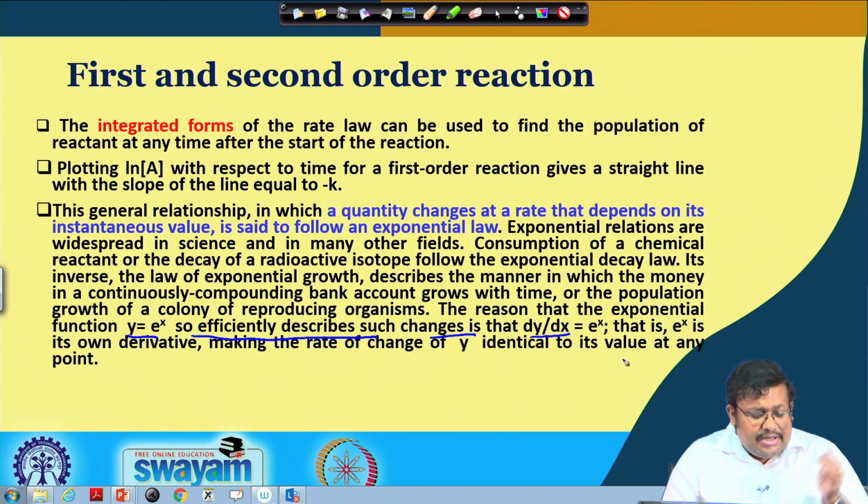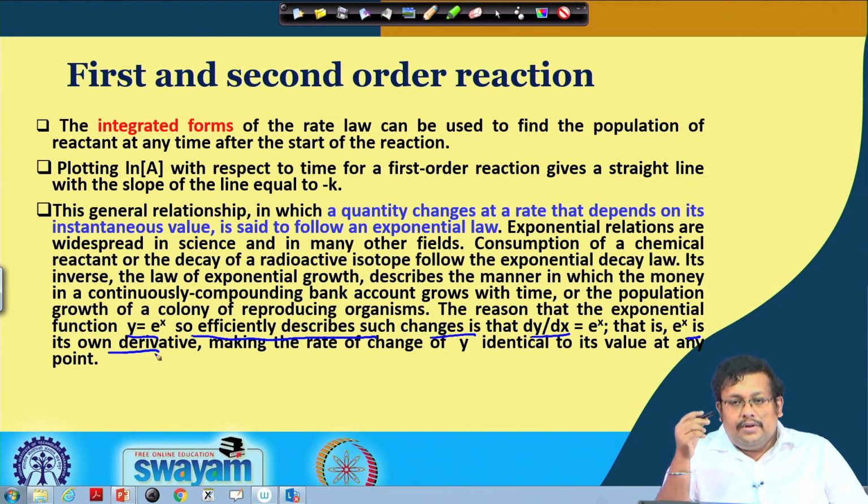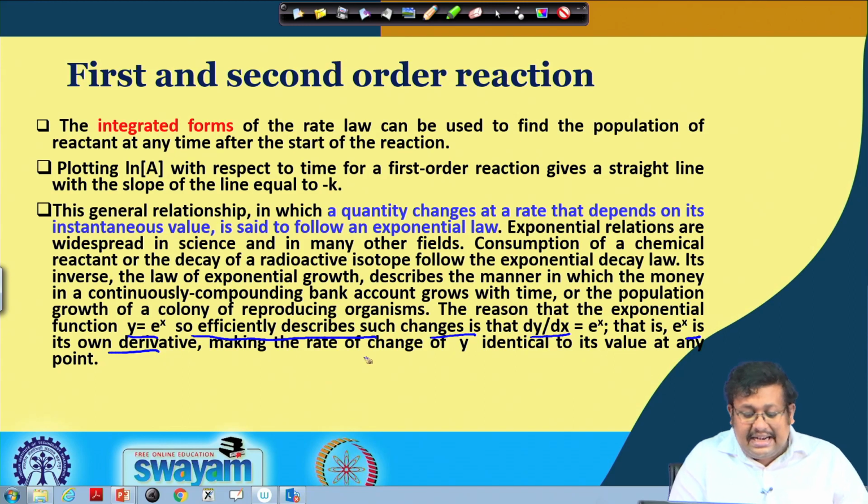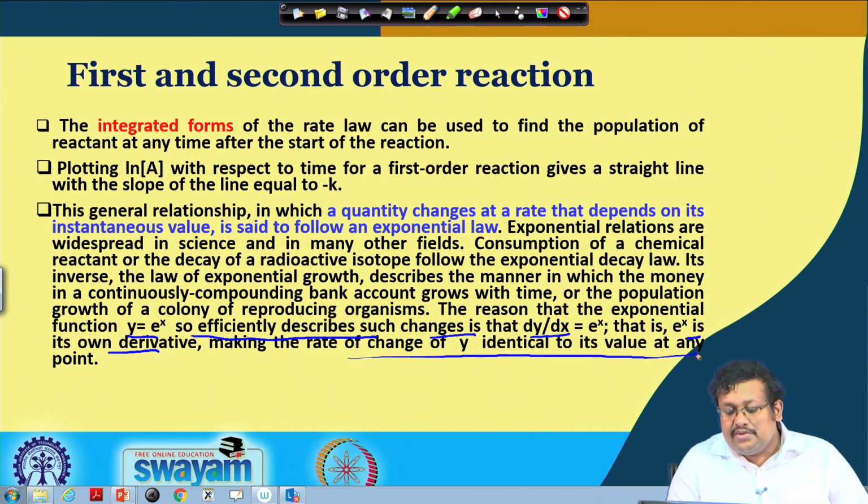So, e to the x is basically its own derivative. So, derivative of e to the x equals e to the x. That makes the rate of change of y identical to its value at any point. So, that is why exponential decay is the best representation of a first order differential equation.